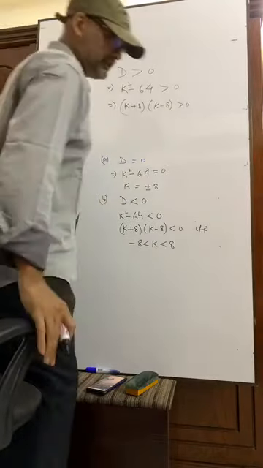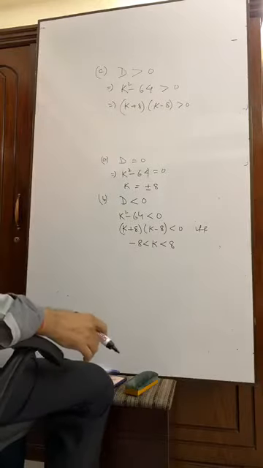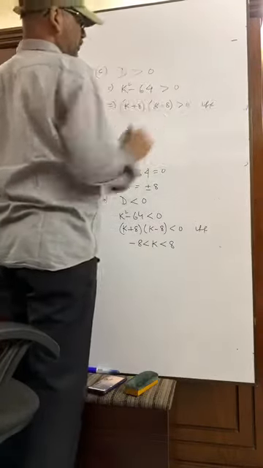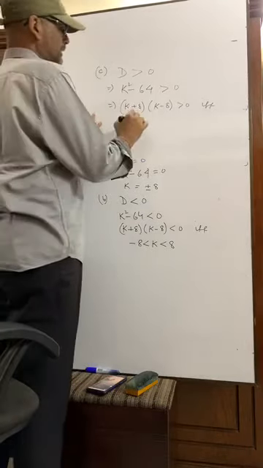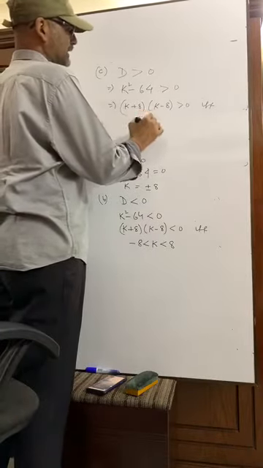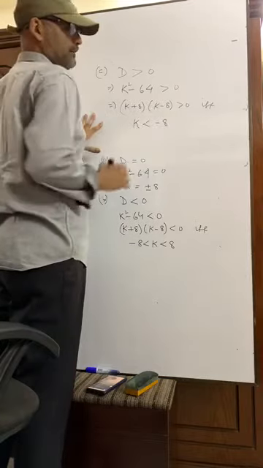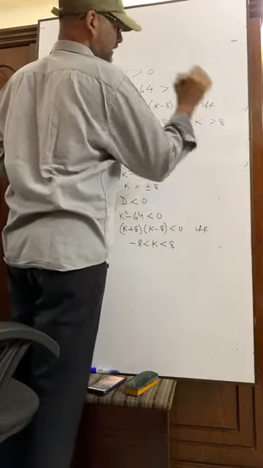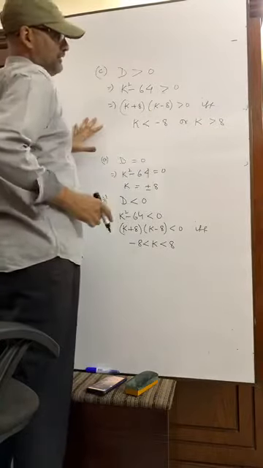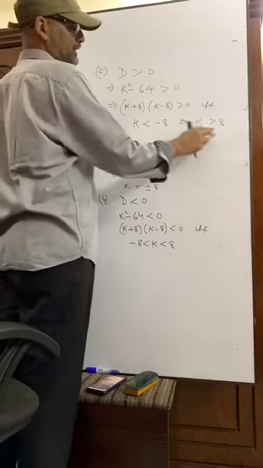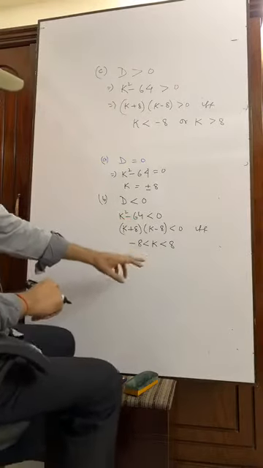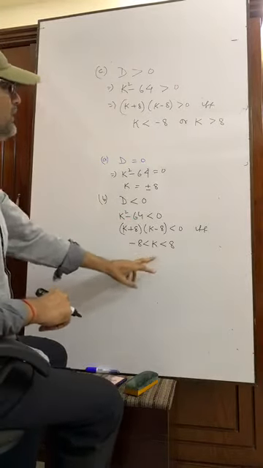It is possible if and only if k is less than minus 8 or k is greater than 8. If it is a greater than sign, then one is negative and the other is positive. But when it is a less than sign, the answer is between the two values. Remember it.